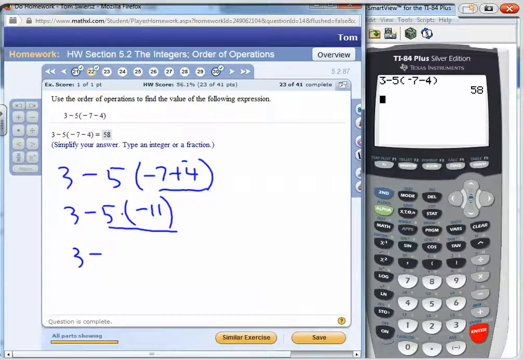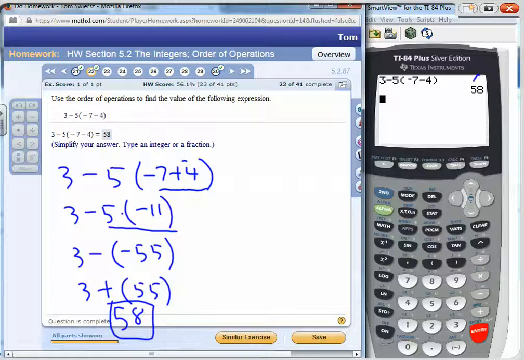So bring down the 3 minus. 5 times negative 11 is a negative 55. And then minus a negative would make it plus a positive 55. 3 plus 55 is 58. Okay, which is the same correct answer we got using our calculator.